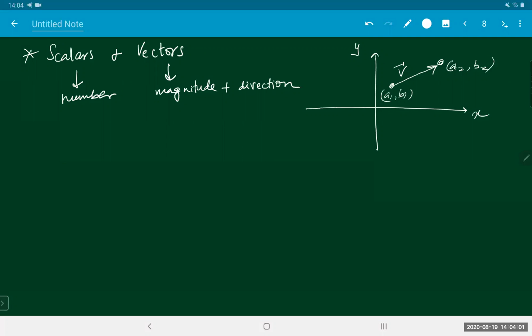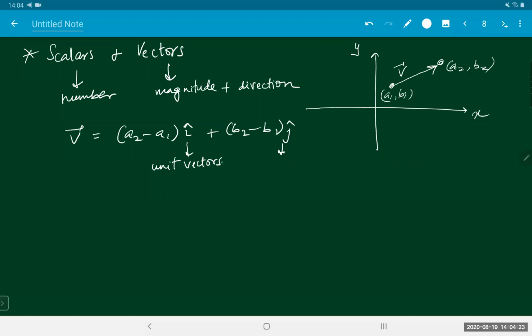Then that is given as a2 minus a1 i hat plus b2 minus b1 j hat, where this i hat and j hat are called unit vectors.